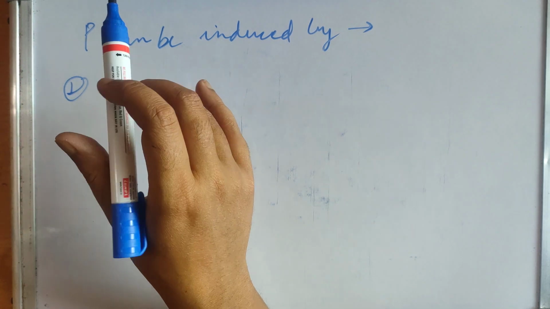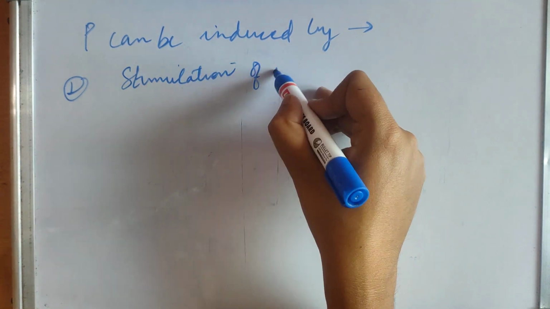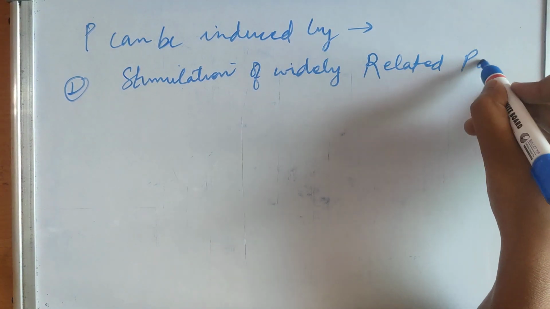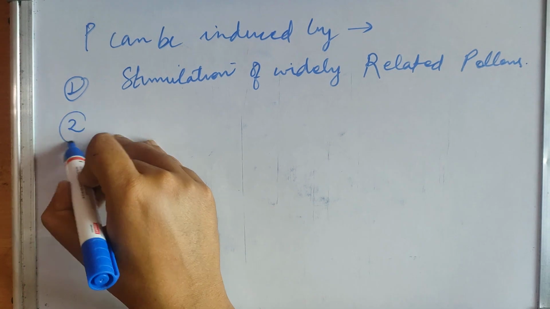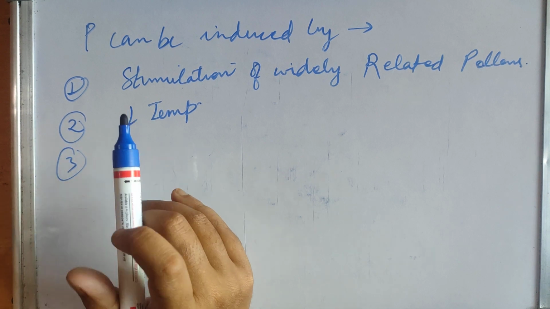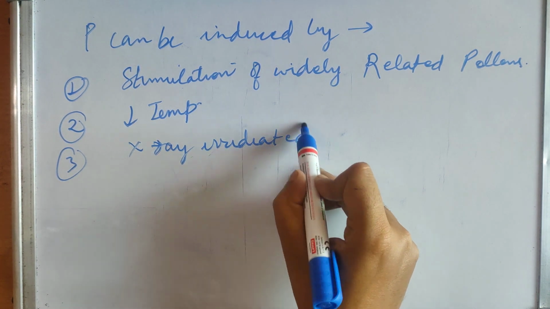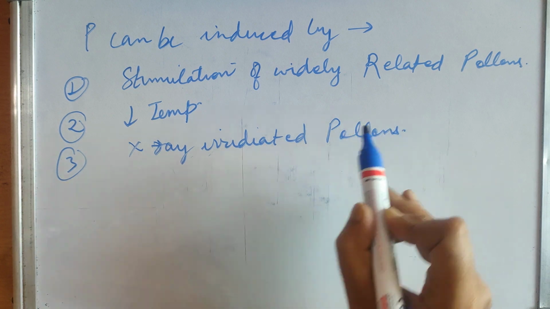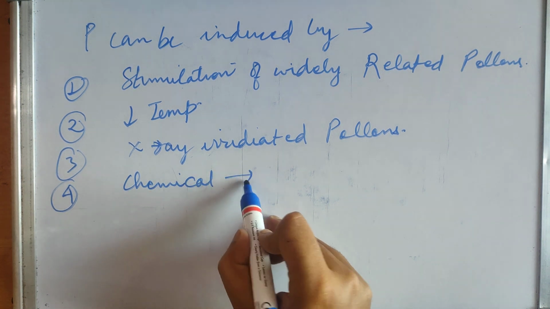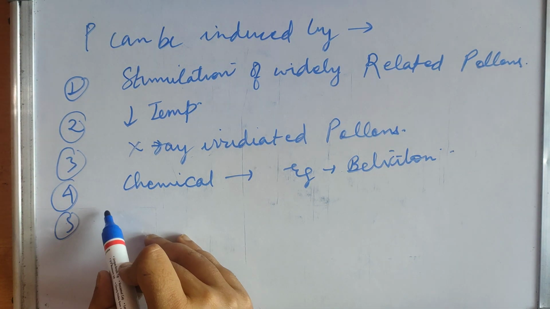Number one, by stimulation with widely related pollens, by low temperature, by pollinating with X-ray irradiated pollens, by treatment with certain chemicals, for example Velveton, and by diploid hybridization.